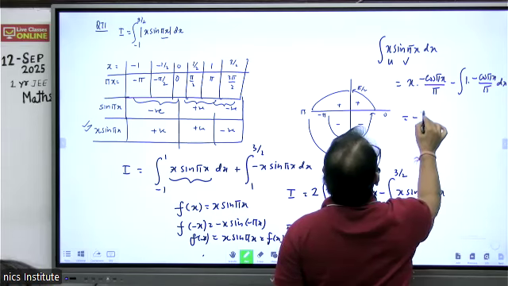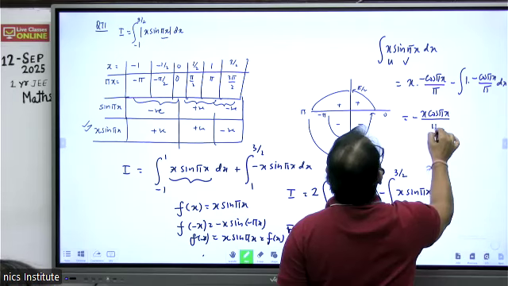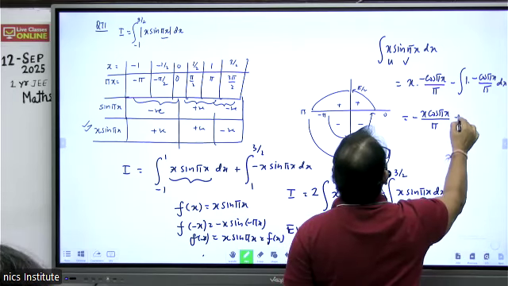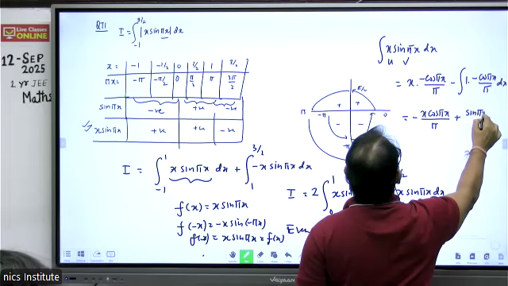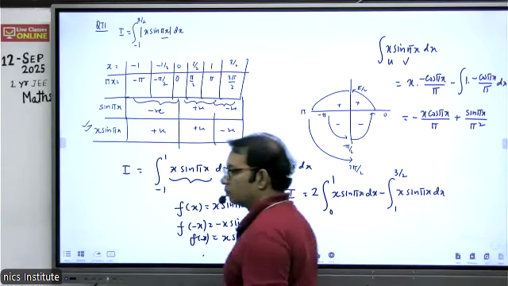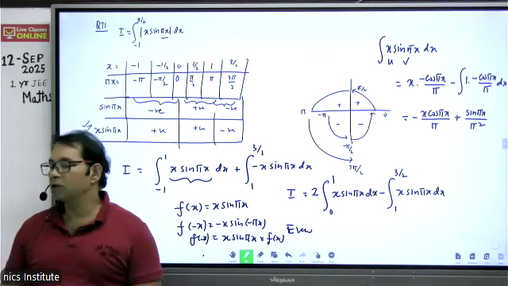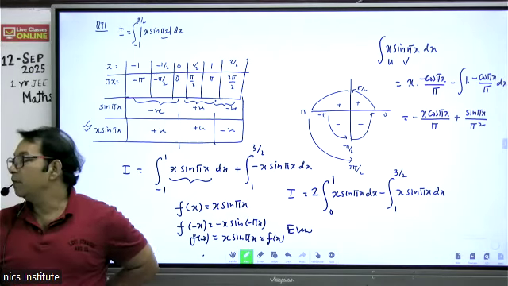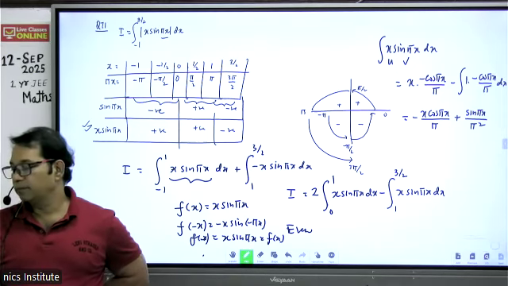So this is minus x cos pi x by pi, minus minus plus, integration of cos pi x is sine pi x by pi. So this is your integral. Integration is minus x cos pi x by pi plus sine pi x by pi square. Now you put limits.